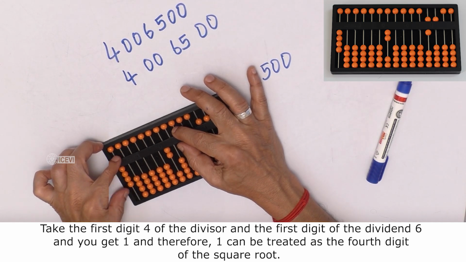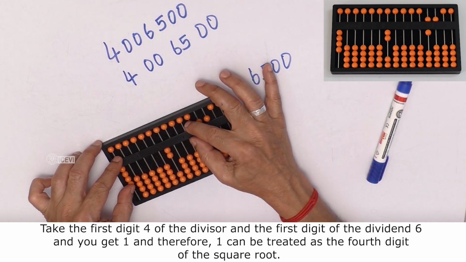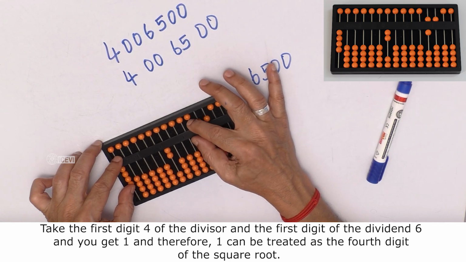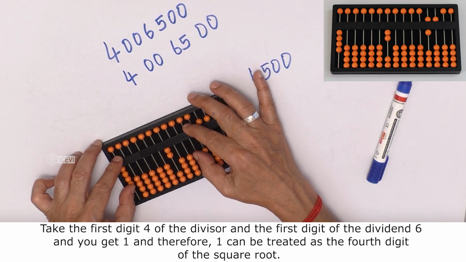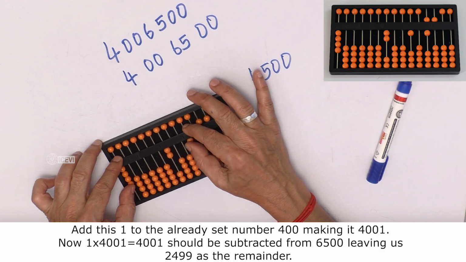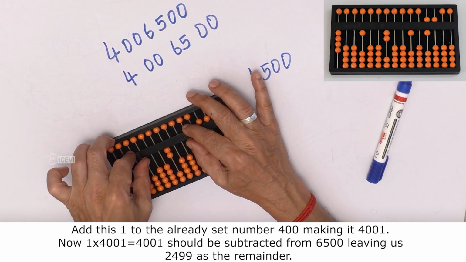Now take the first digit 4 of the divisor and the first digit of the dividend 6 and you get the divided value as 1, and therefore 1 can be treated as the fourth digit of the square root. Add this 1 to the already set 400 and the number becomes 4001.